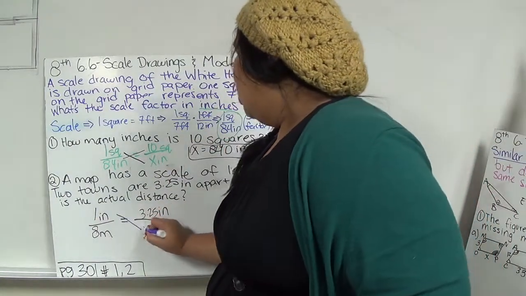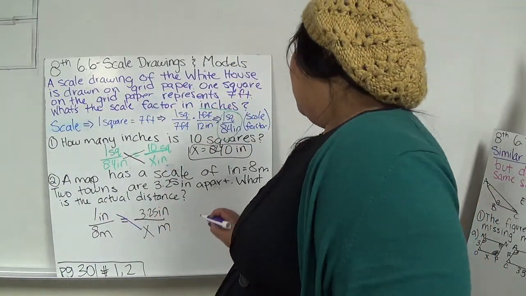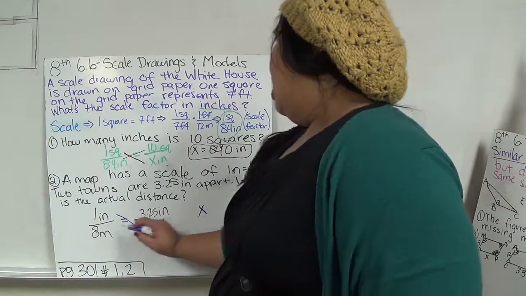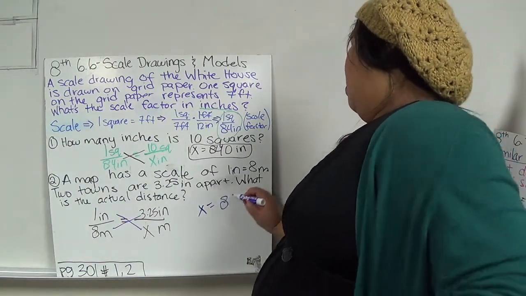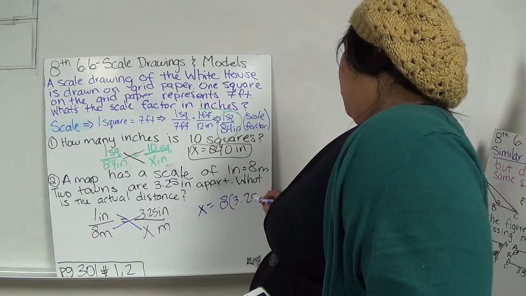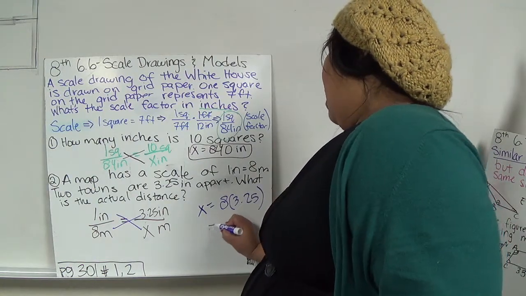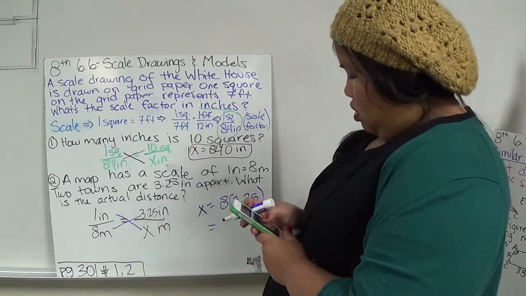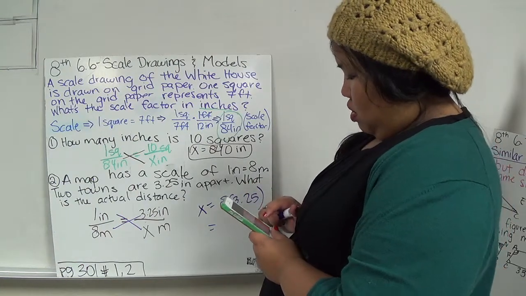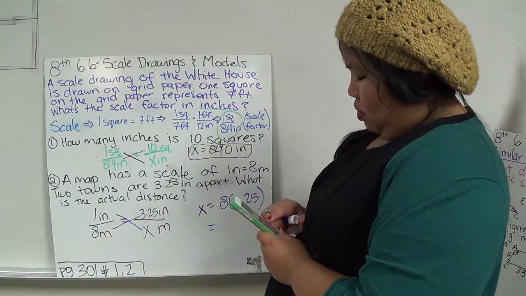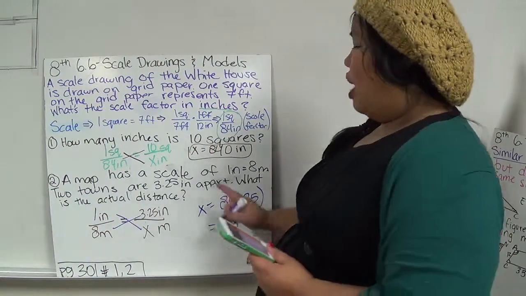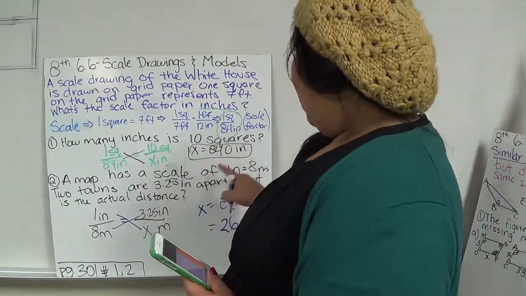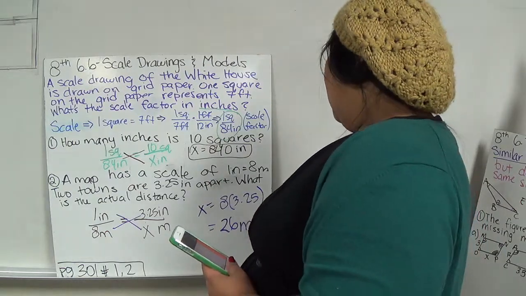So 1 inch times X meters gives me X, equals 8 times 3.25, so X equals 26. Since it's a story problem, we have to make sure to label it, so 26 meters.